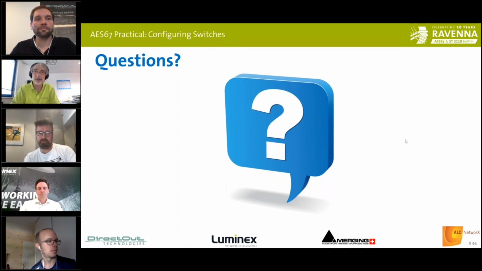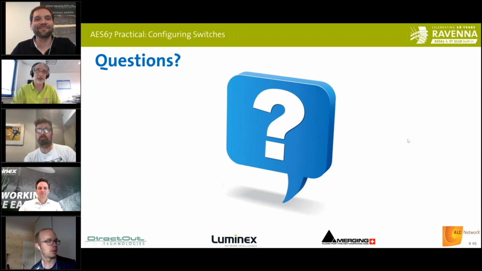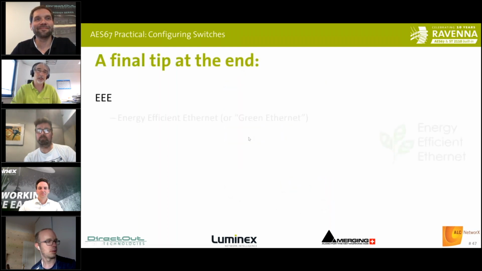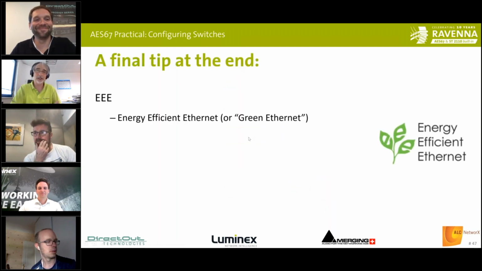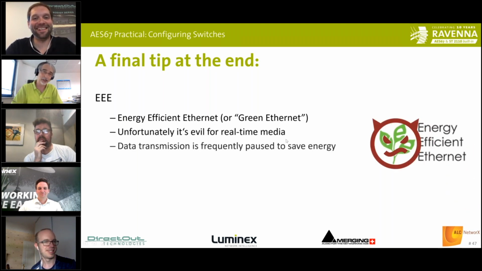Before we end the presentation for today, for those who stayed on the line, I have a final hint on what you should take care of in your network. You probably have heard about energy efficient Ethernet or green Ethernet. Green is good, electrical cars and these kind of things. But in our case, it is evil.